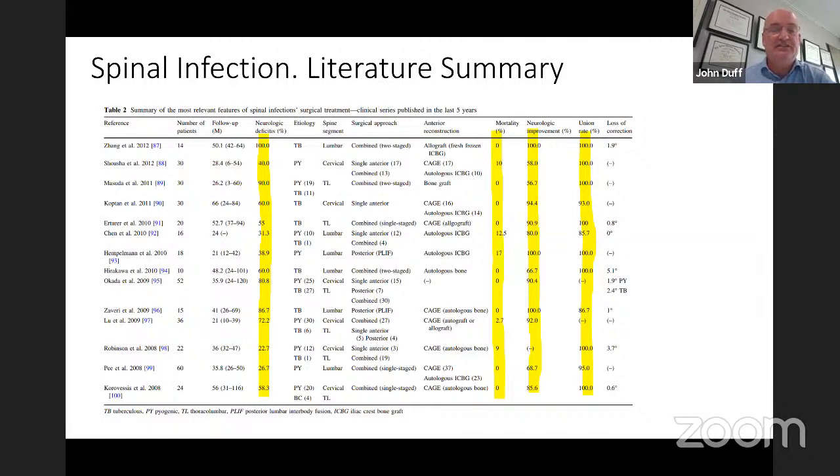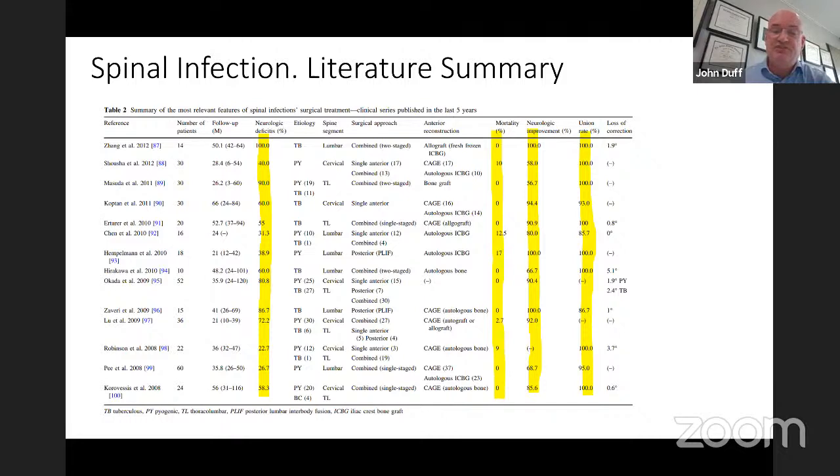of surgical management of spondylodyscitis. And if you look at the first yellow column, many of the patients were operated for neurologic deficits. So not all of them, but many of them had neurologic deficits in these series. If you look at the next yellow column, the mortality is anywhere from 0 to 17%.